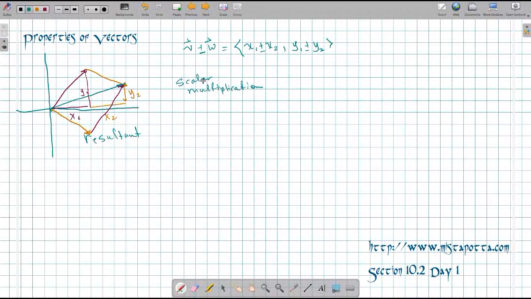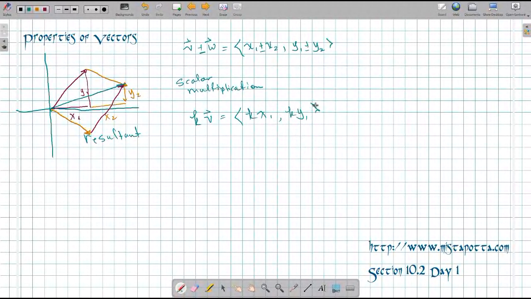So if I have k times some vector, then I'm multiplying the horizontal aspect by k, and the vertical aspect by k.